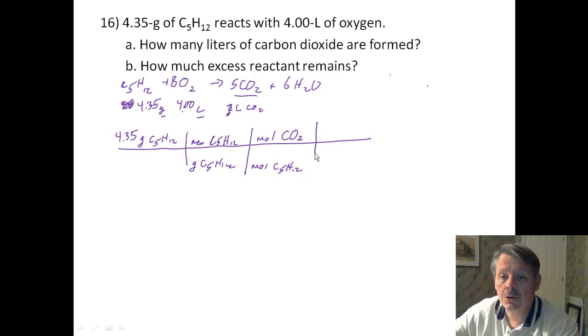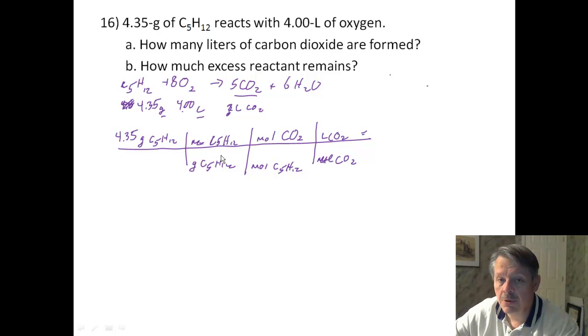And as I said, you could have stopped right there if you wanted to. I'm just going to go to liters of carbon dioxide, moles to liters, because it gives me a better visual of what's going on. And I tend to like visuals. Okay, now I'm going to have to do exactly the same thing for oxygen, but let me finish this one first.